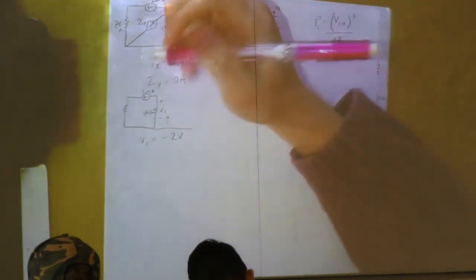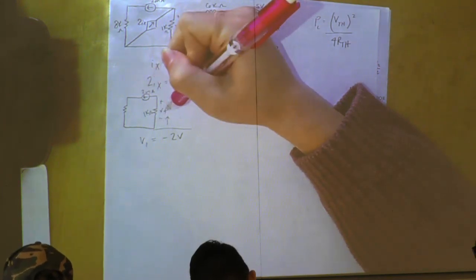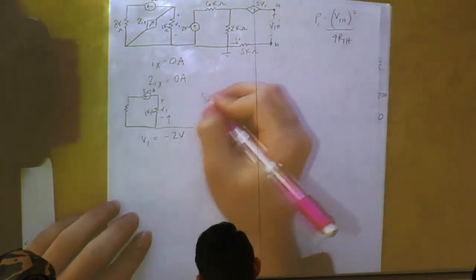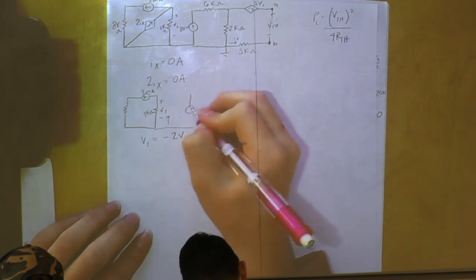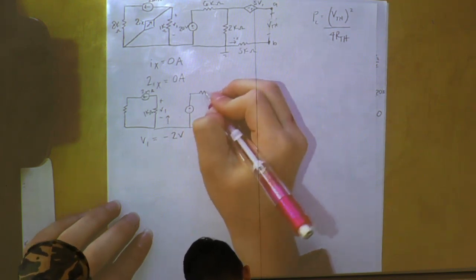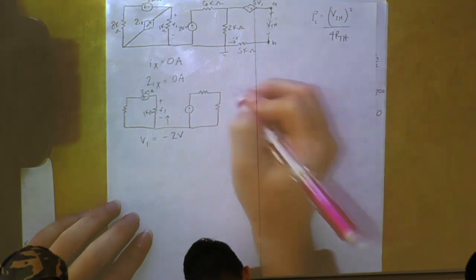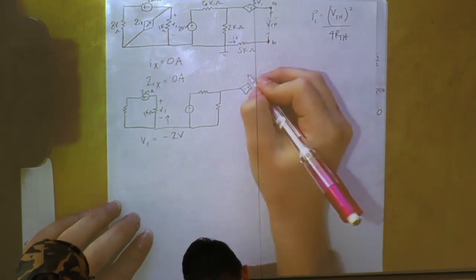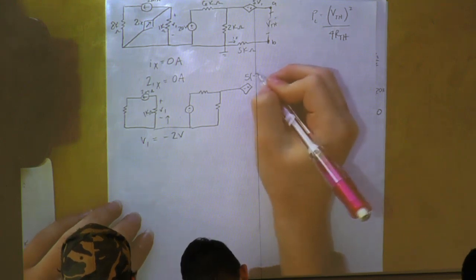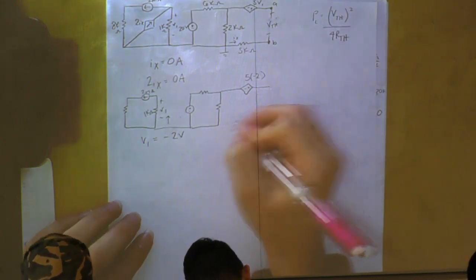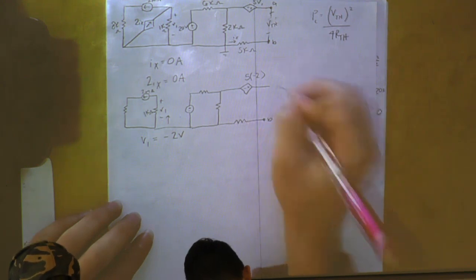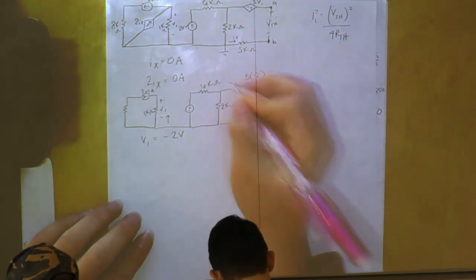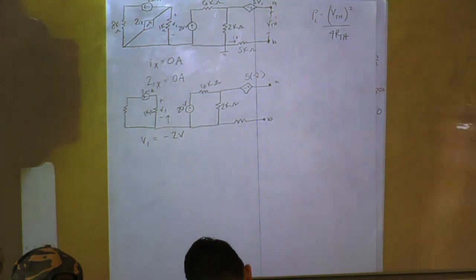Our current, this 2 milliamps, is coming through the negative end of our V1. So V1 is going to be -2.